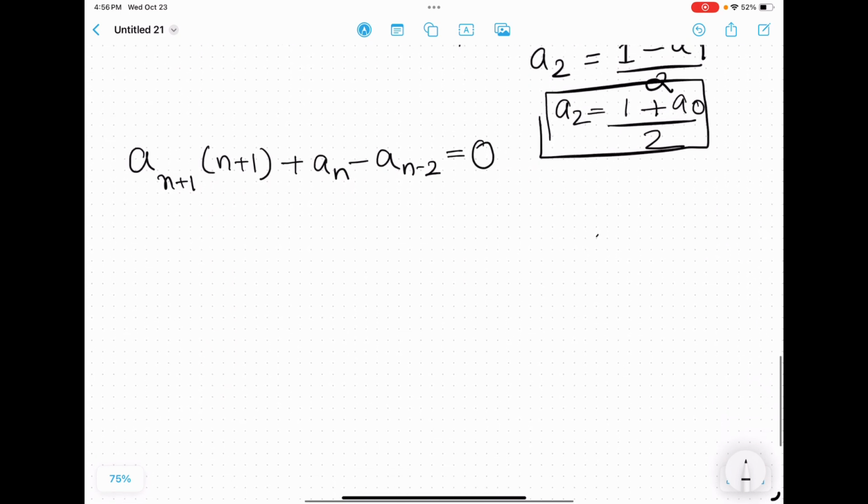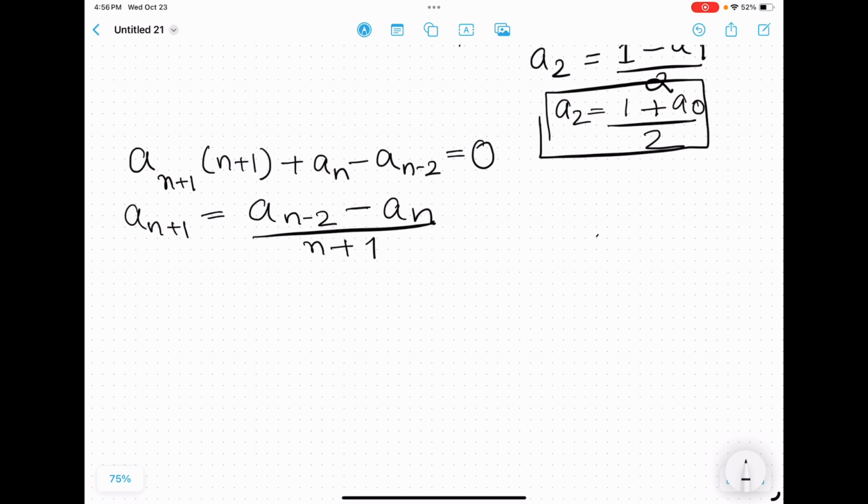Now I'm going to find my recurrence relation, which is what I'll need to solve for my coefficients. I'm going to isolate a sub n plus 1, so that a sub n plus 1 equals (a sub n minus 2 minus a sub n) divided by n plus 1. This is my recurrence relation, for n greater than or equal to 2.